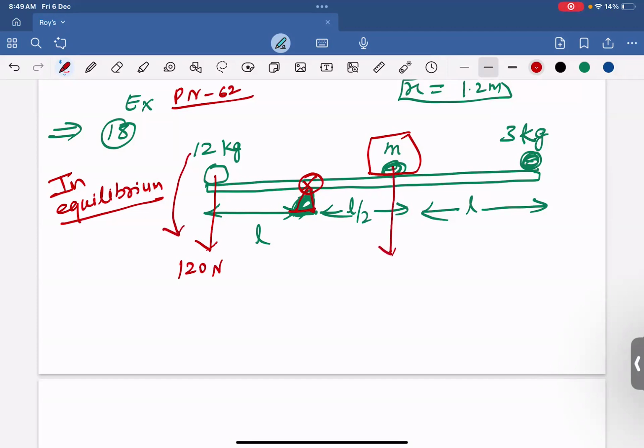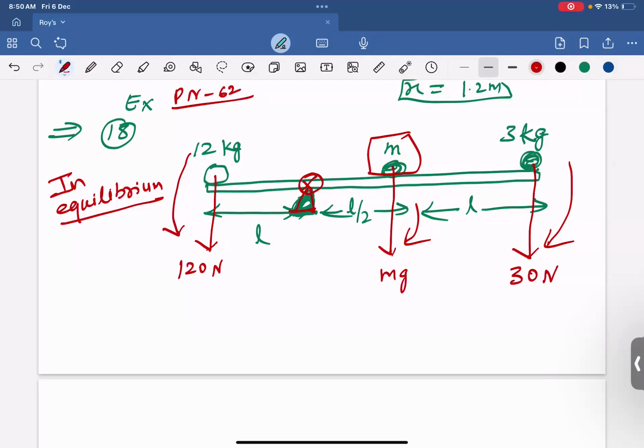Mg is acting downward and Mg will try to rotate in a clockwise manner. This is also acting downward, that is 30 Newton, and trying to rotate in a clockwise manner only. So there are two clockwise torques and one anti-clockwise torque. Can you see that?